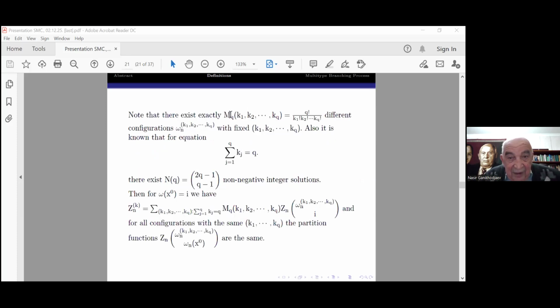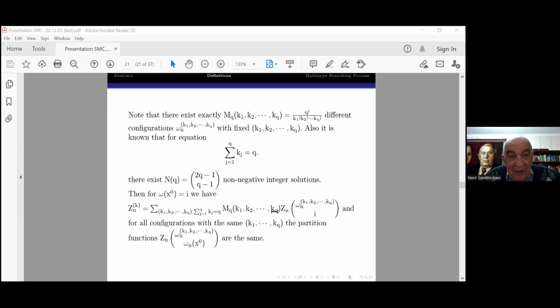Then there exist exactly this many different configurations on W_1 with such boundary, with fixed k. Since the sum of the k_i is equal to q, there exist such a number of non-negative integer solutions. By this reason we can compute Z_n as the sum.